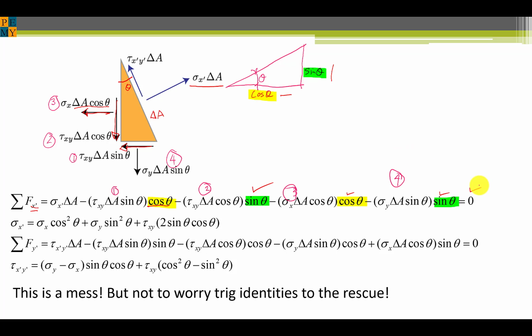So we're going to simplify this on the next slide, but this is how it's derived. Similar things can be done to determine the shear forces, which I won't do. This is a good exercise for you to undertake and to get those equations. So this is a mess, but it simplifies, as we'll see.